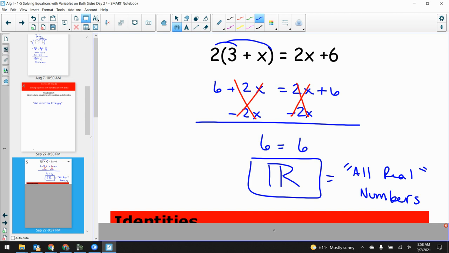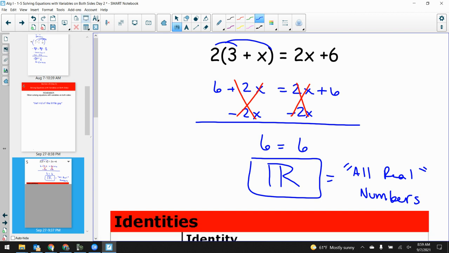That means anything could be a solution. Pick 10, plug it in, it's a solution. Pick negative 10, plug it in, it's a solution. Pick 50, plug it in, it's a solution. Pick 1,000,000, plug it in, it's a solution. Any number that you want to plug in would make that a true statement.